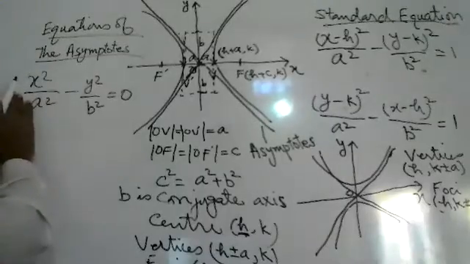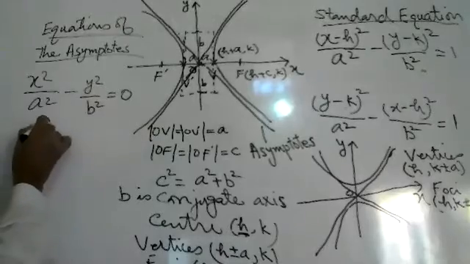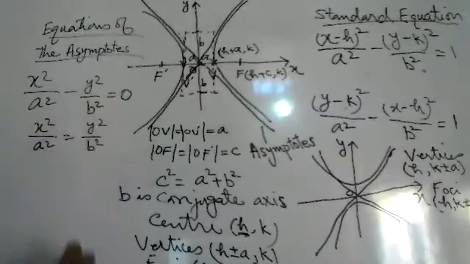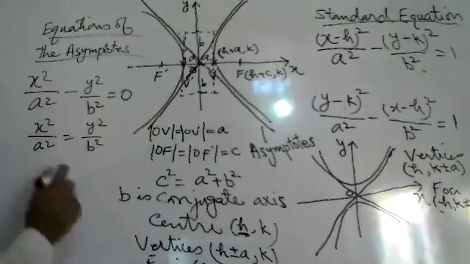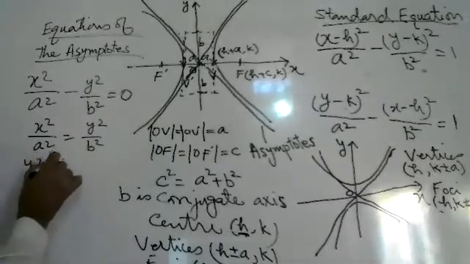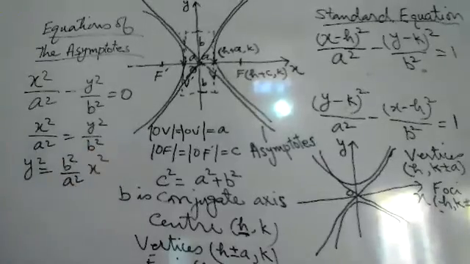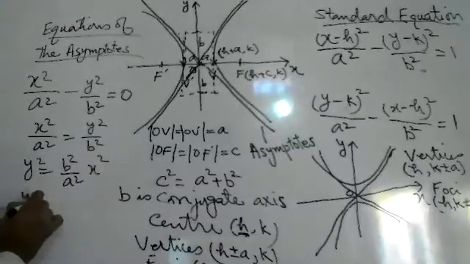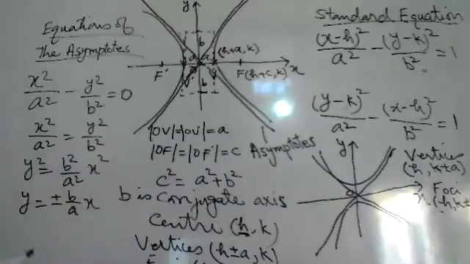Then the negative term will be taken to the other side, so x square upon a square is equal to y square upon b square. Then b will be shifted to the other side, so y square will become b square upon a square into x square. Take the square root on both sides. Y will become plus minus b upon a x. This will be the equation of the asymptotes.